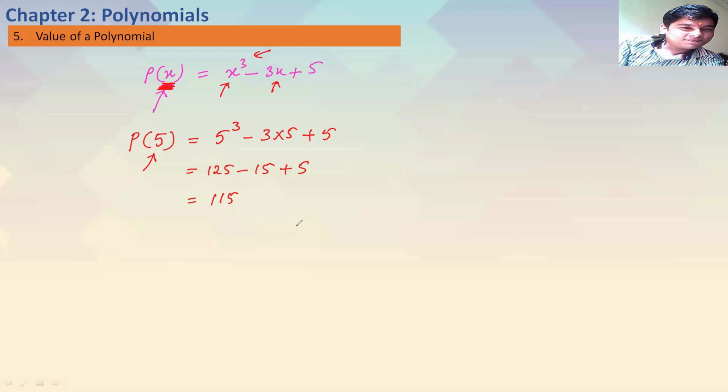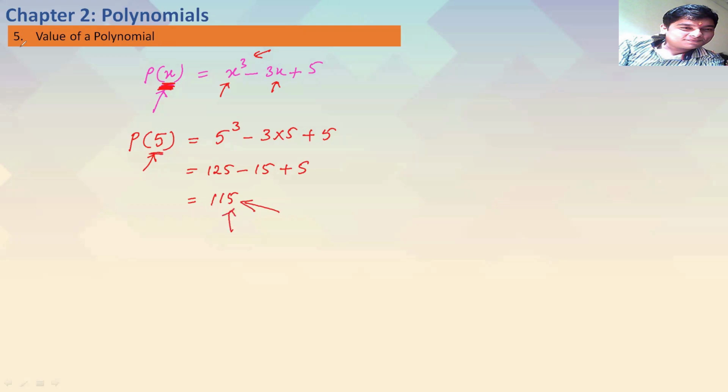Oh, okay. Yeah, 115. Got it? Great, wonderful. So did you see how it works like a machine? This is the output. The input was 5. The output is 115.